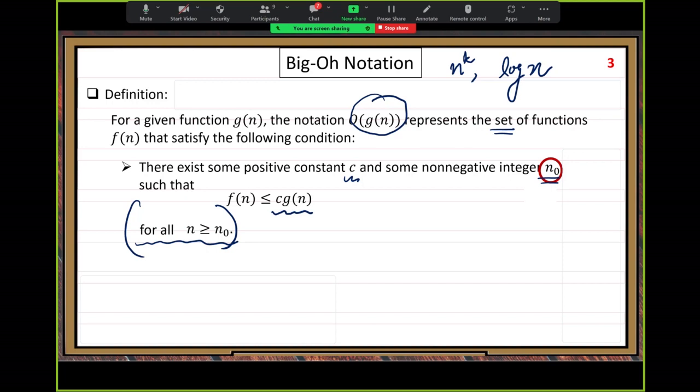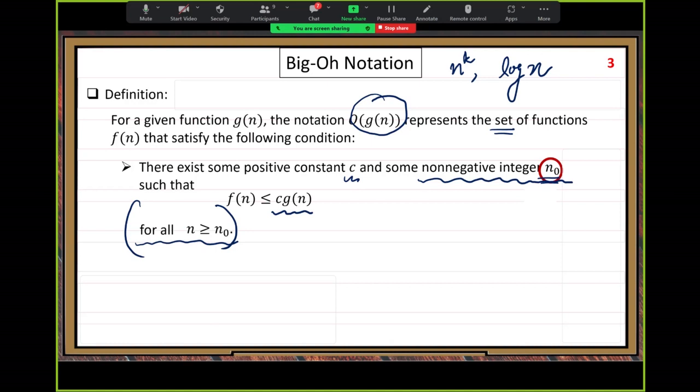Here I want to explain the importance of this non-negative integer n0. Why is it so important? Remember, this notation we want to use to measure the efficiency function of our algorithms. F of n is the efficiency function. G of n is relatively simple. We want to do comparison.